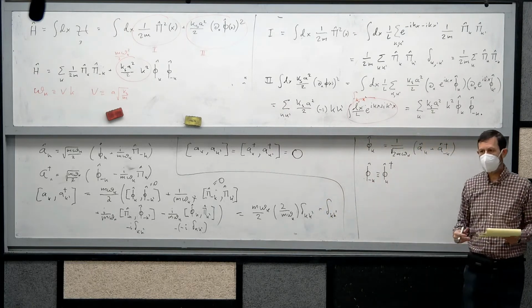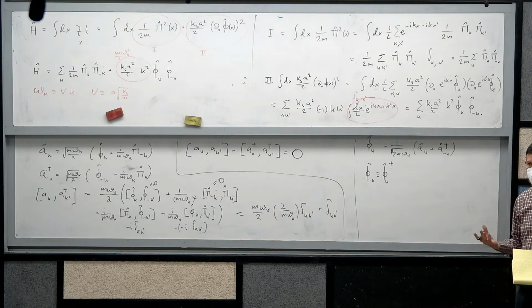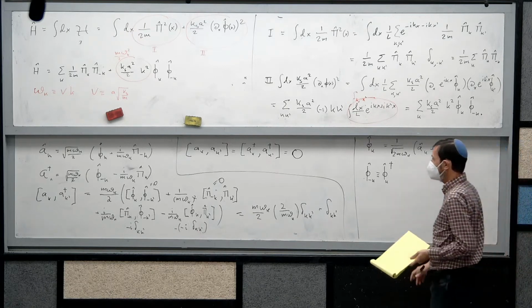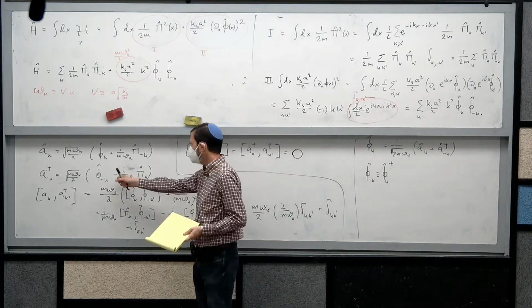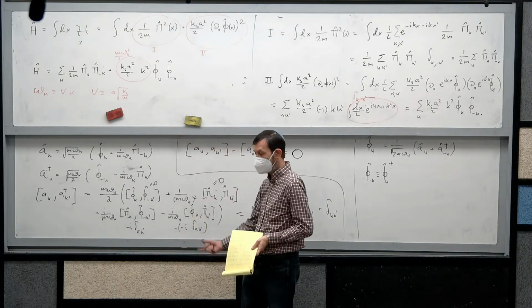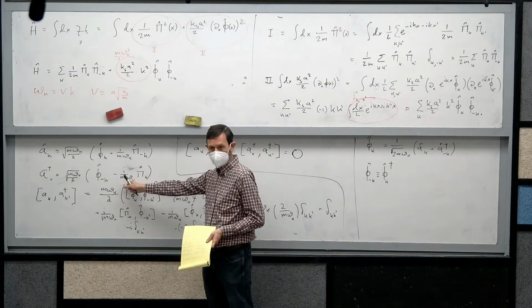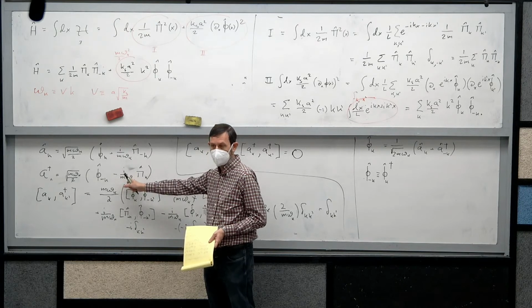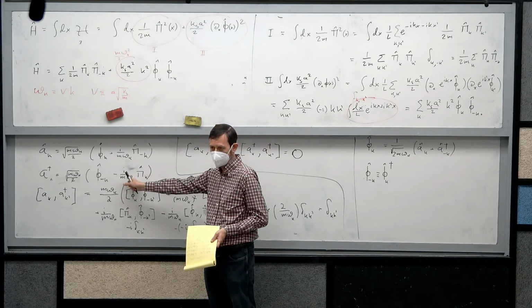Sometimes instead of writing phi of minus k, it's customary to write phi dagger k. At the end of the day, the whole difference between k and minus k will be the sign here. Remember, the only place that k comes in is in the linear definition of omega k.